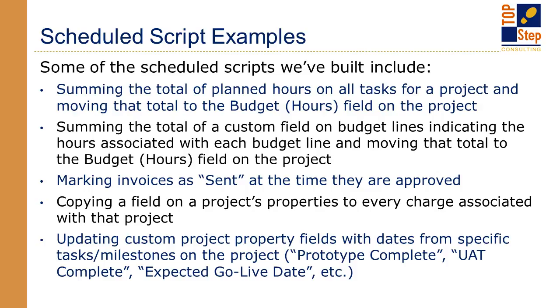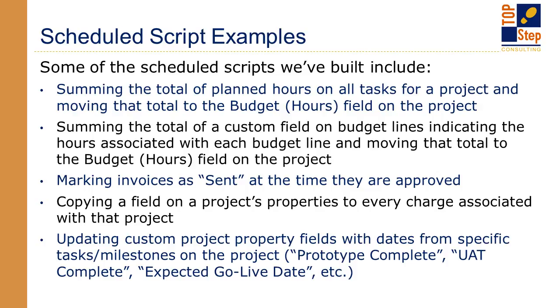And so we built a script that ran through every project where a task had been updated in the last 48 hours or so. And we said, okay, now on all of those projects where something has changed, sum up the planned hours, put it in the budget hours field. And we set this to run, I believe it runs twice a day. So that's the kind of thing that you can do, automating the population of fields.